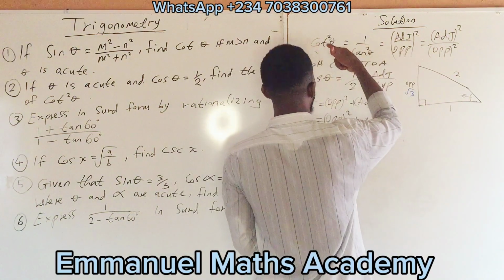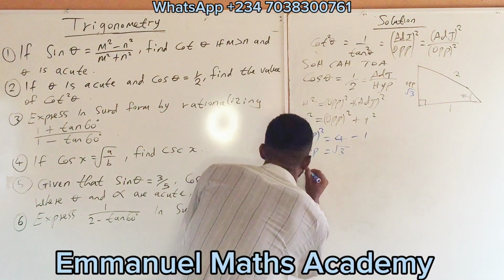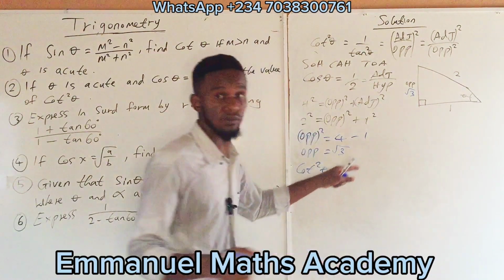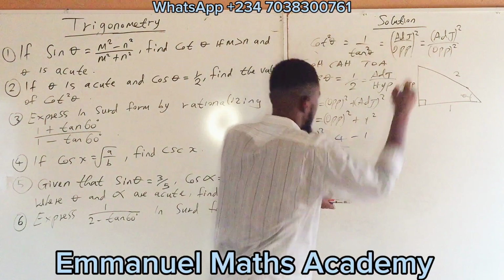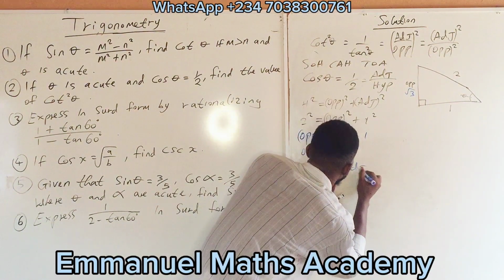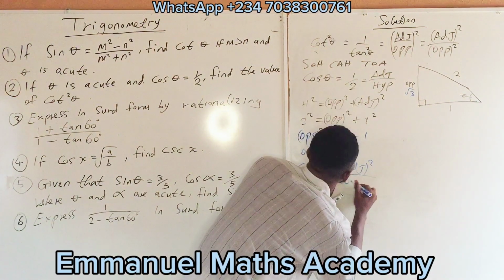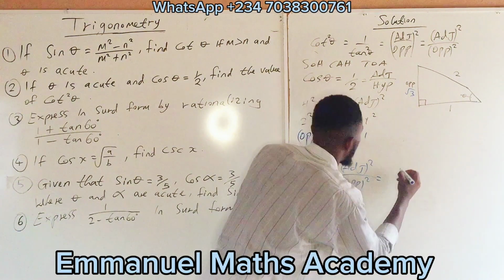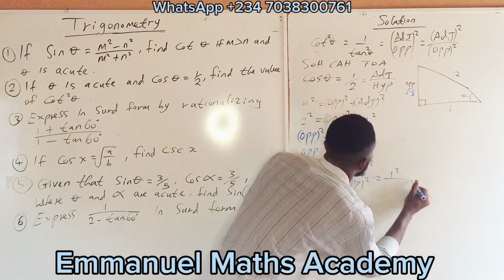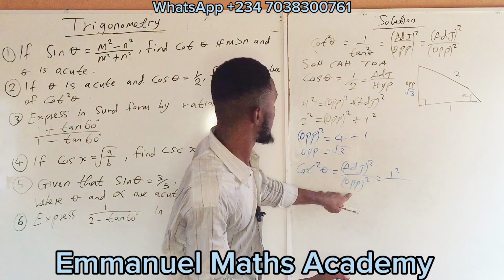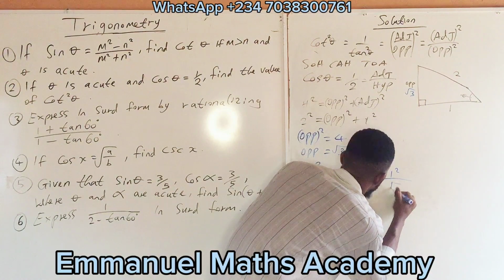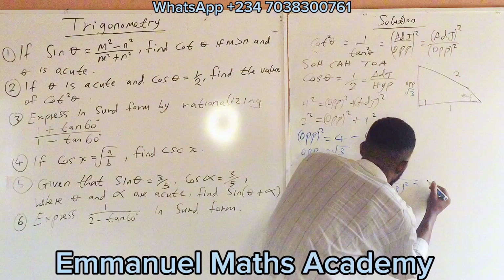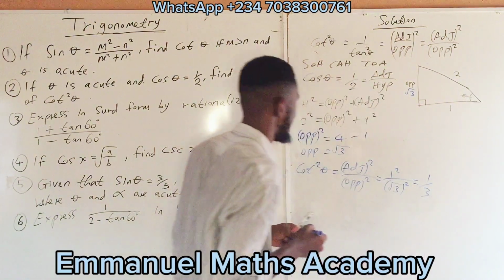From here, we have that our cot square theta is adjacent square over opposite square. What's our adjacent? Our adjacent is 1. 1 square over our opposite, root 3 square. From this, you have 1 over 3.